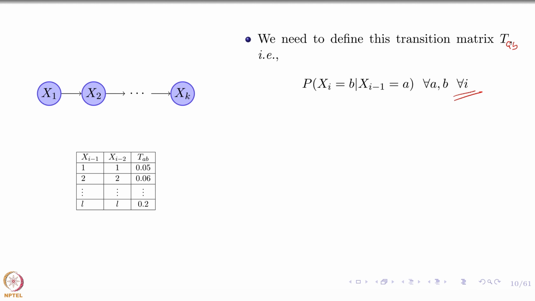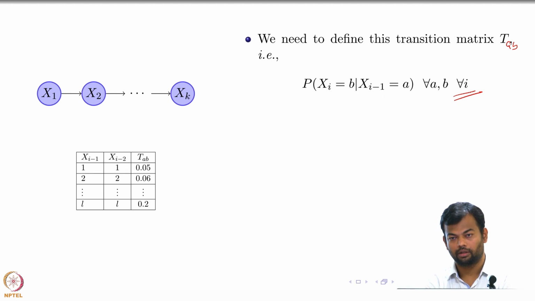So it tells me how do I transition from value A at time step 2 to value B at time step 3. Now what does it mean to define it for time step 4? Just repeat what I said. How to transition from A at time step 3 to B at time step 4.